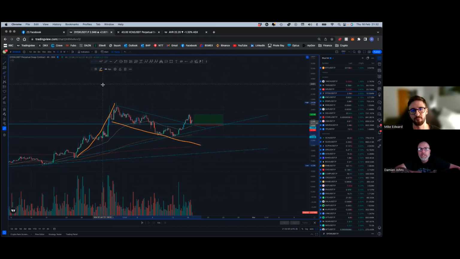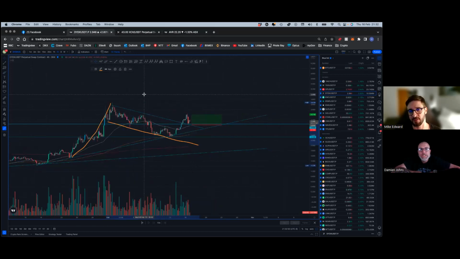Would you call that a bull flag? I would call it a bull flag. The only thing I don't really like is that it's a huge push at the start. When these moves are quite violent, it can be quite tricky to get them.